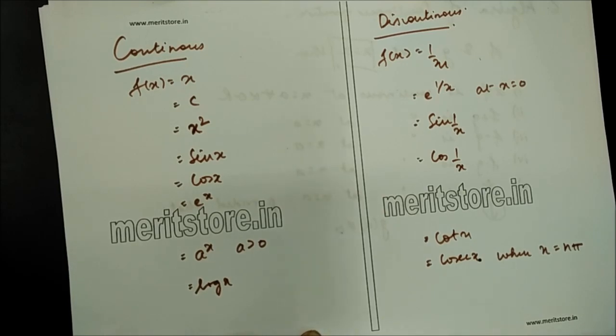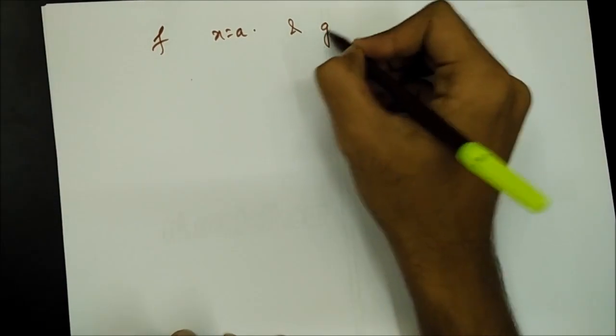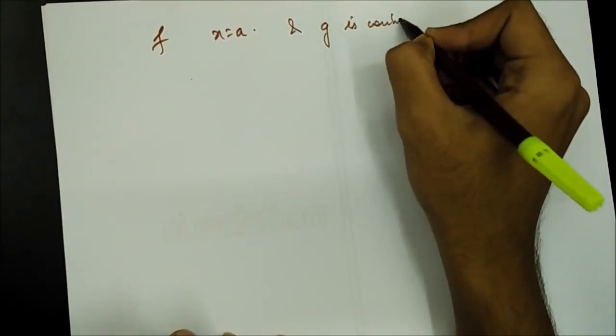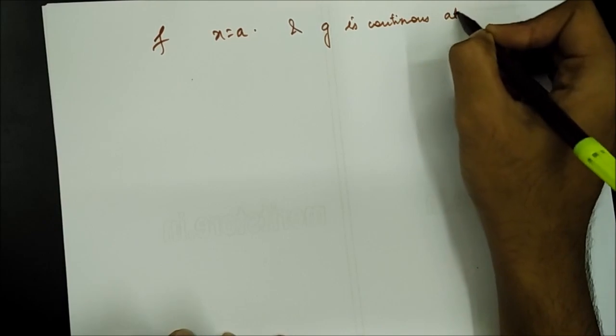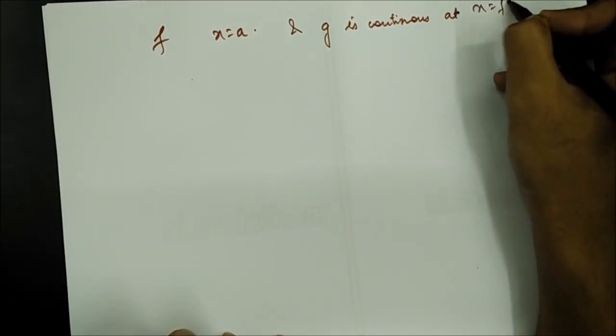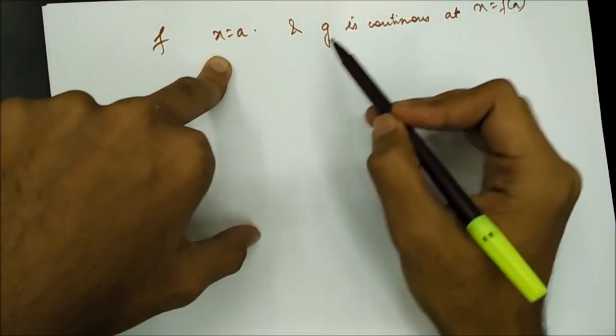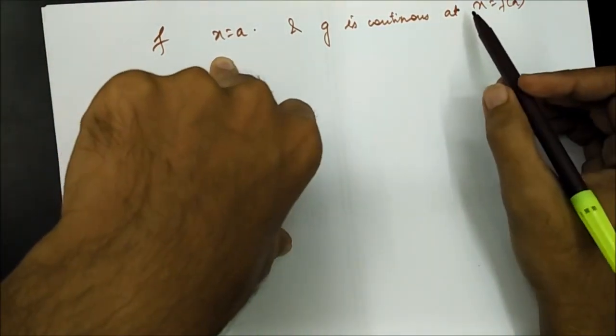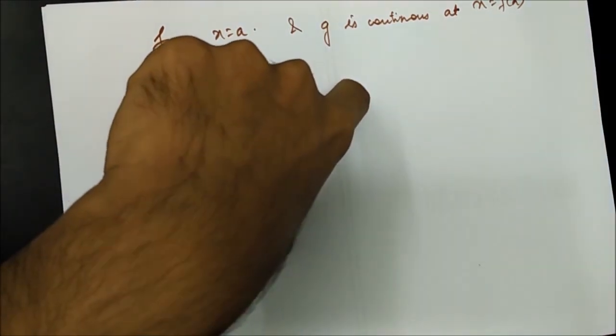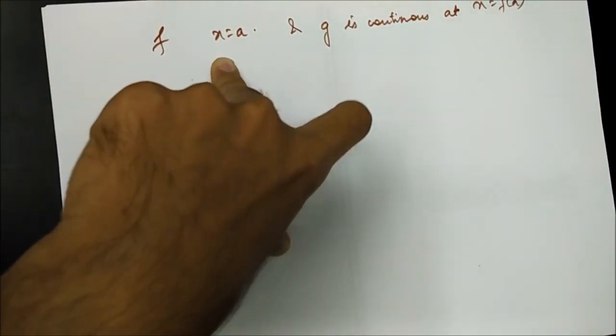So if f is a function and it is continuous at x is equal to a, and g is continuous at x is equal to f of a, then what we come to know is that the composite g of f of x is continuous at x is equal to a.